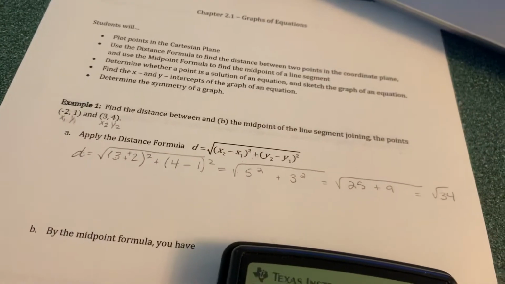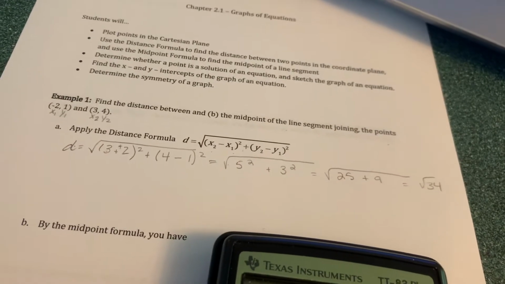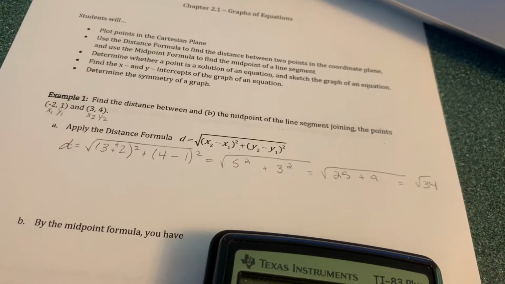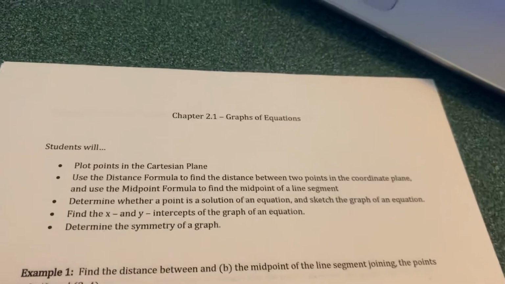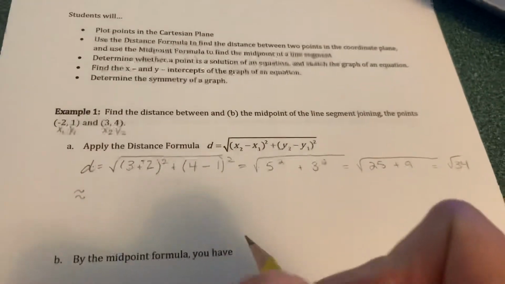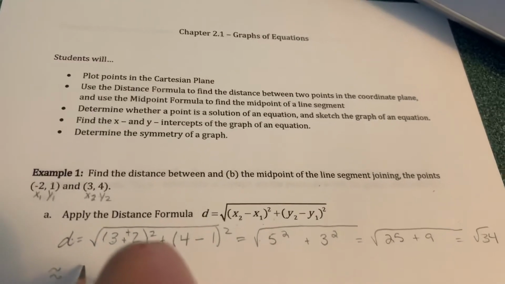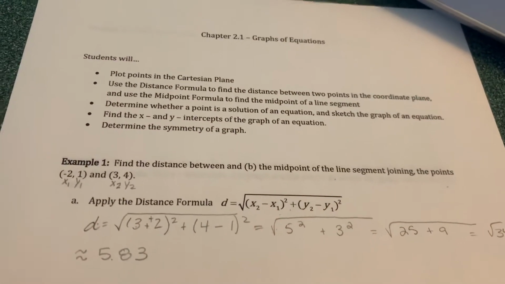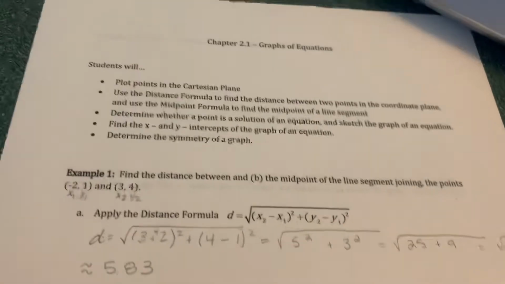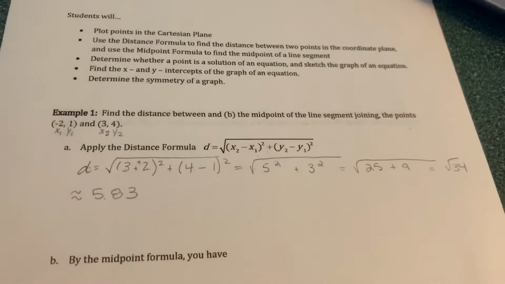But we don't really say the square root of 34. When I put it in my calculator and press enter, the distance would be 5.83. I just usually tend to go to the nearest hundredth spot. Okay, so your distance is almost 6.